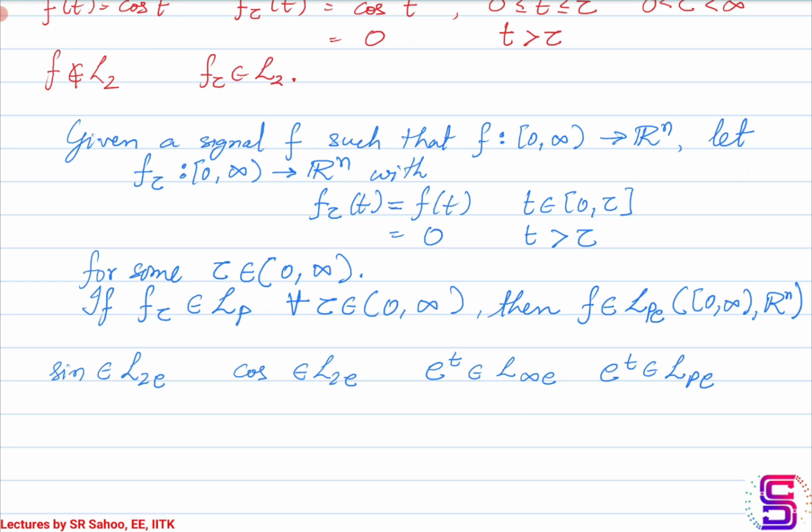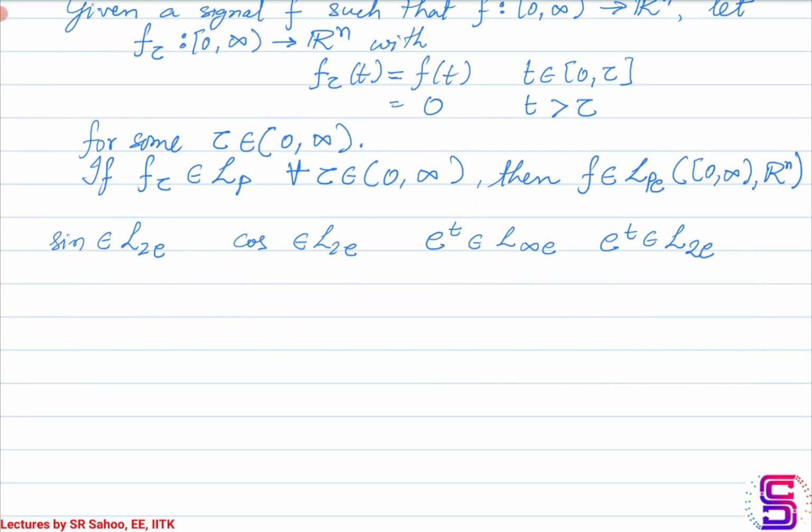You have to verify whether these signals in general belong to LP extended spaces or LP spaces, for P being 1 till infinity. So this is the definition of the LP extended space. It is a collection of those signals whose all possible truncated versions lie in the LP space.